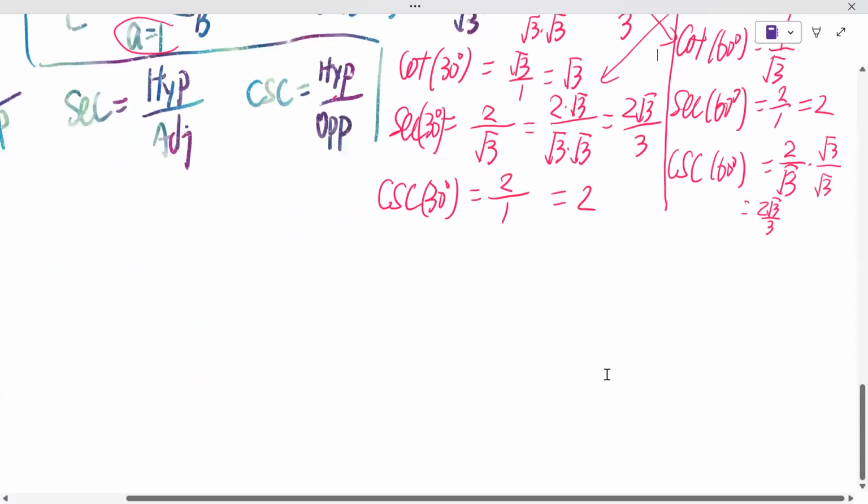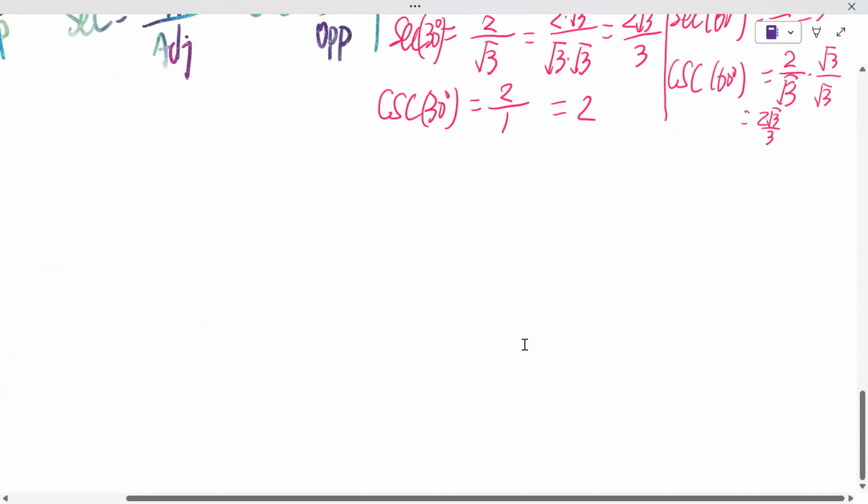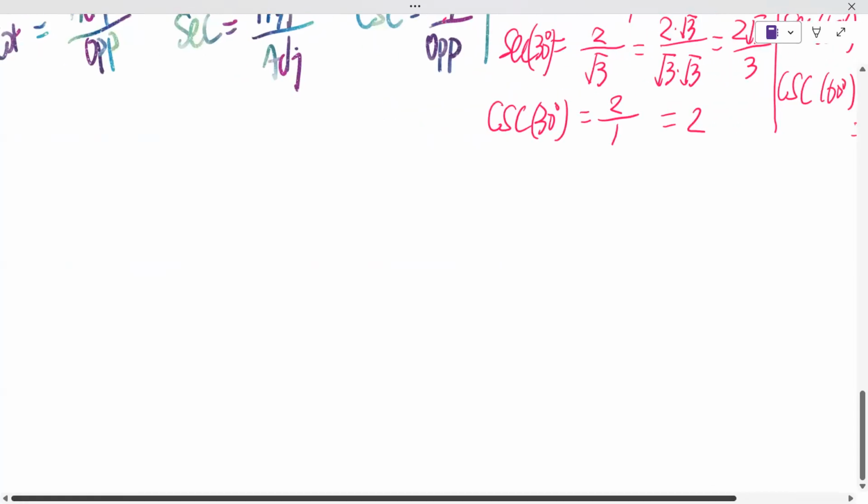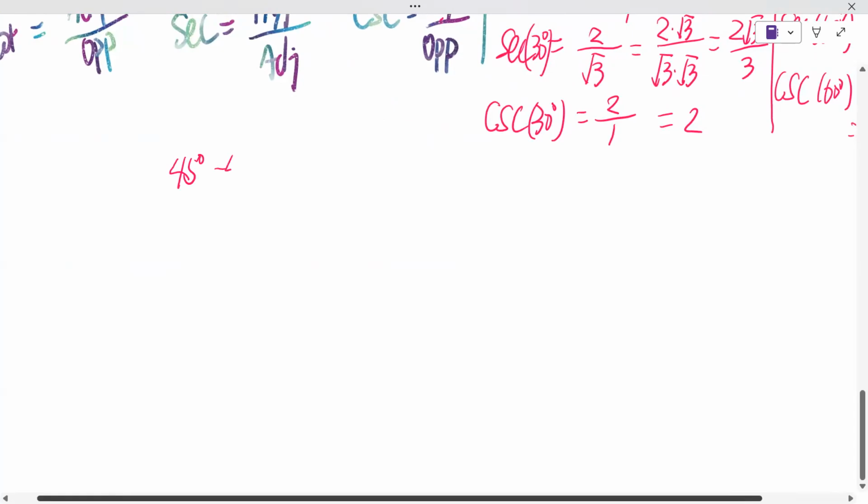That's another one, right? Which is the 45, 45, and 90 degree triangle. We're going to look at that in a second. So 45 degree, 45 degree, and then 90 degree special triangle. And this one is actually slightly easier. We don't have to use too much geometry, right?